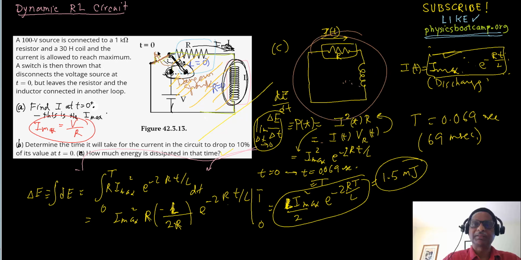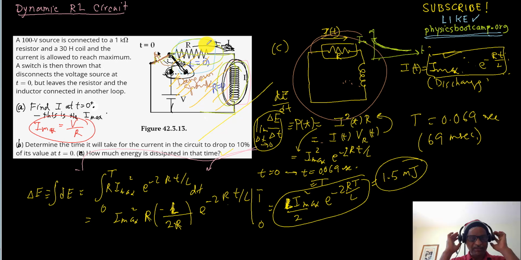If you plot this, the decay of the current is simply some I max, and it just decays like that. How fast it decays depends on the R and L values, but it decays smoothly rather than suddenly going to zero. Okay, and it allows for a smooth transition. So whenever you have a high inductance circuit, you want to make sure that you give a path.